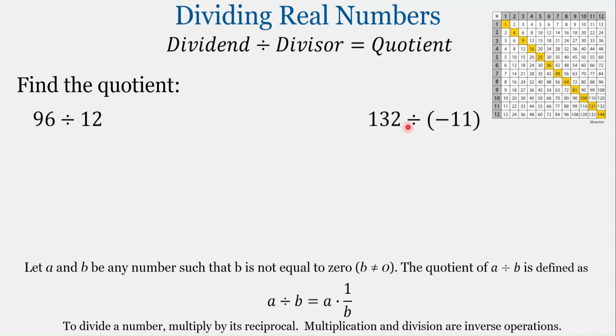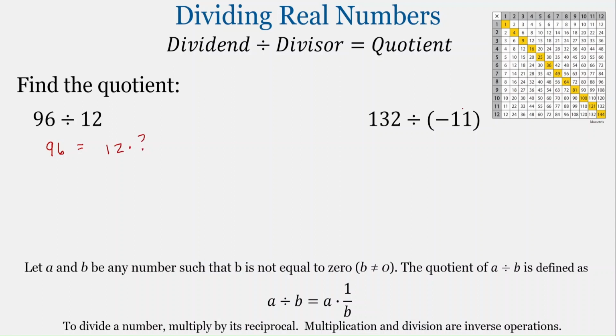So it may be possible, by knowing your times tables and the fact that multiplication and division are inverse operations, to find these answers, find the quotients, even faster than converting them into fractions. Again, in this case, 96 is our dividend. Well, we can say that 96 is equal to 12 times what?